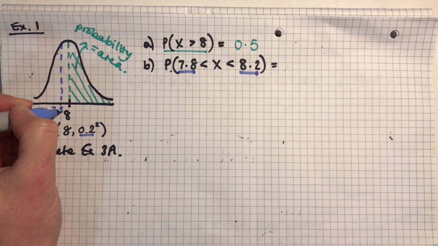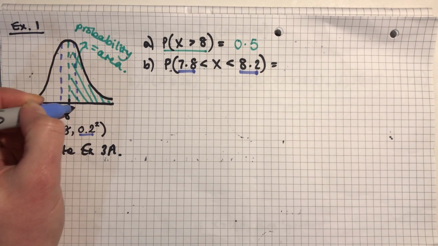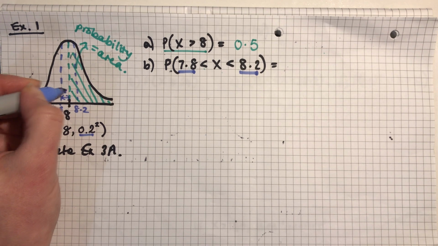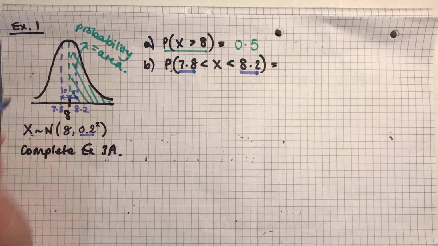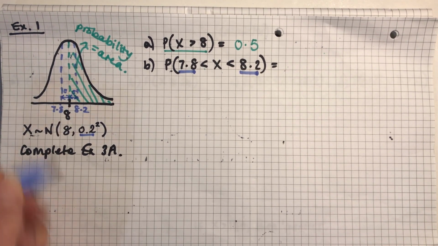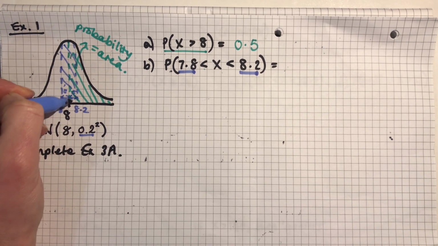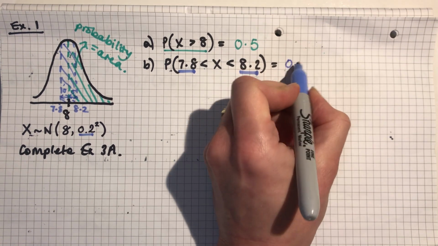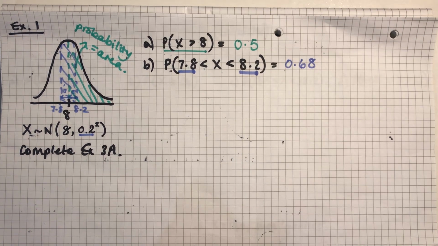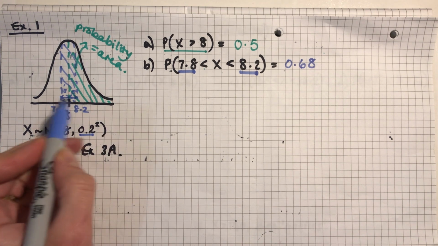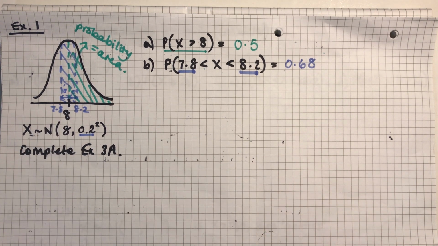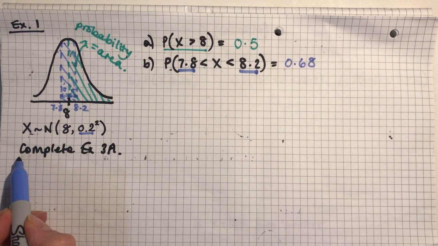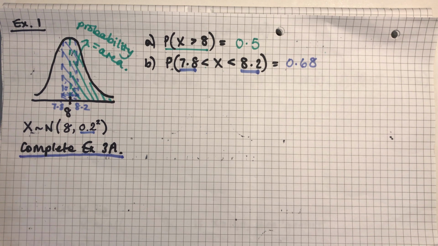There's 7.8, there's 8.2, and this is 1 standard deviation and this is 1 standard deviation away from the mean. Which means that we know from our previous sheet that that area there is 0.68, because we know that 68% of the data values lie within 1 standard deviation of the mean on any normal distribution. So that's our example 1, and that gives you enough information to complete exercise 3A.